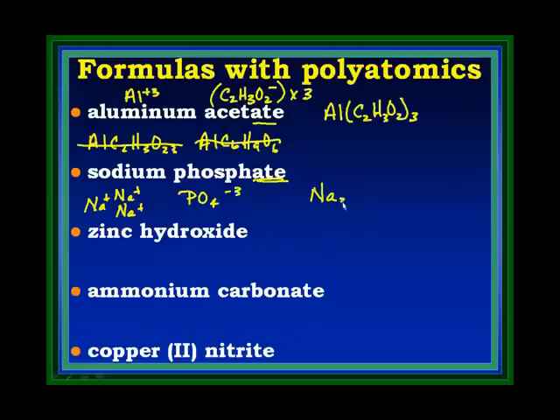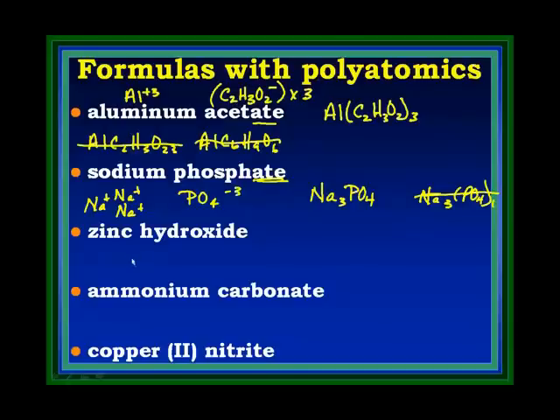So my formula is Na3PO4. Now notice, this time no parentheses. That's only because I only needed 1 of the PO4 group. I would not write it with parentheses. I wouldn't write it like this, Na3(PO4). Or even with the 1 out there. That would be written incorrectly.